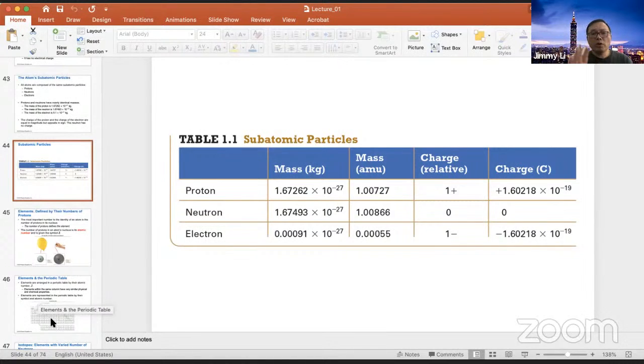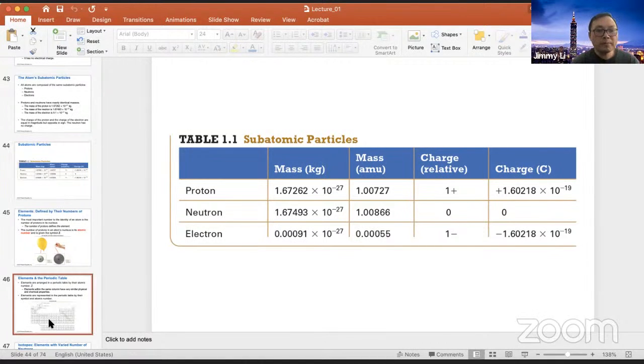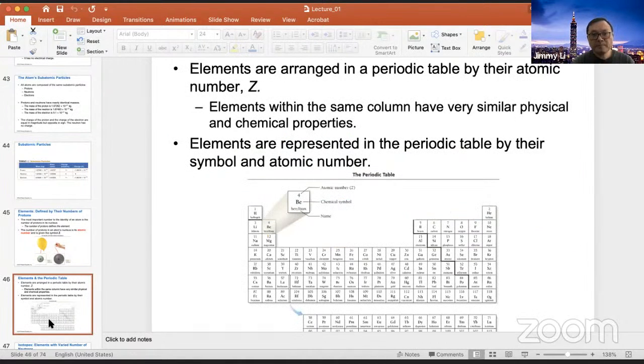Remember, the scientists all knew each other. The electron is Thomson, the proton is Rutherford. Rutherford worked under Thomson, and by the time the neutron was discovered, James Chadwick, Rutherford's postdoc student, worked under Rutherford. Okay, very well.